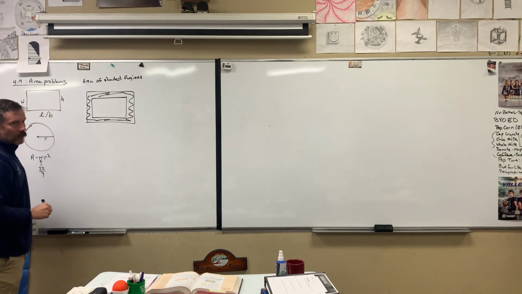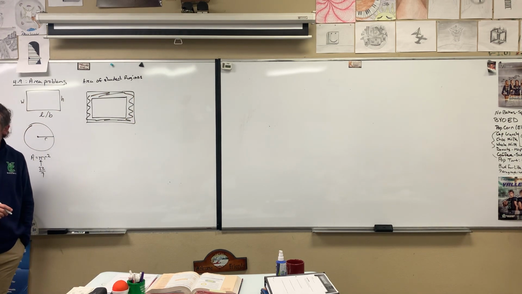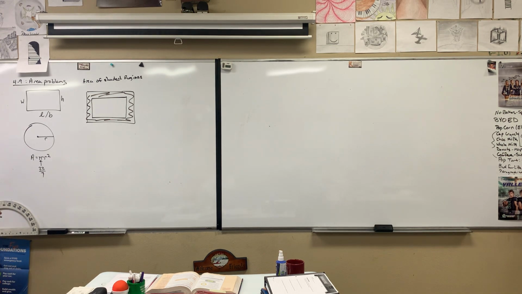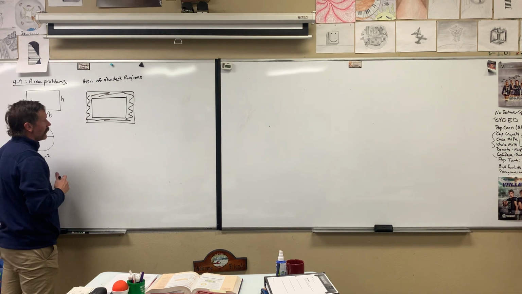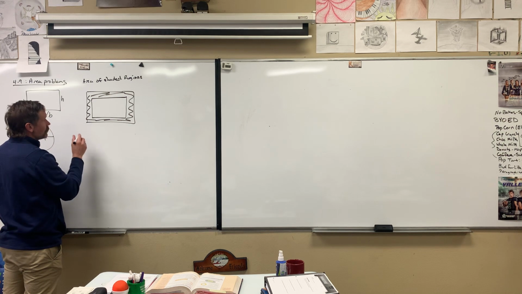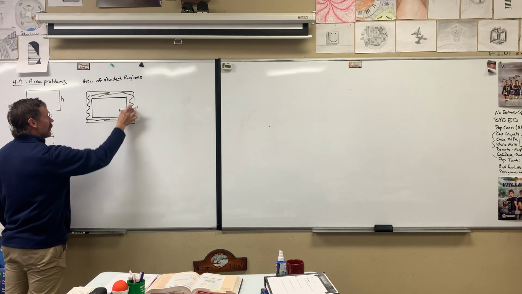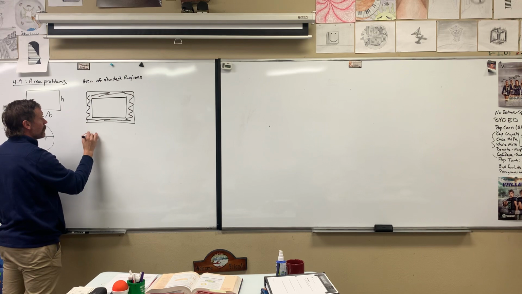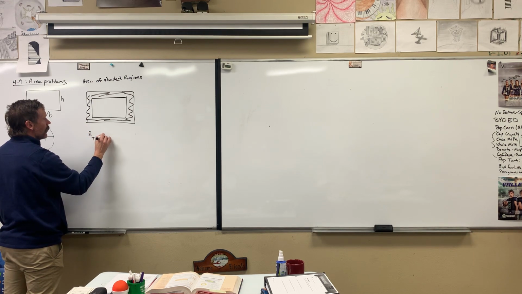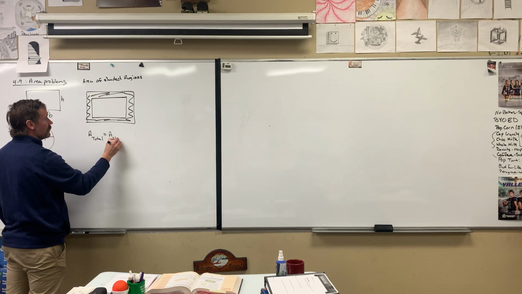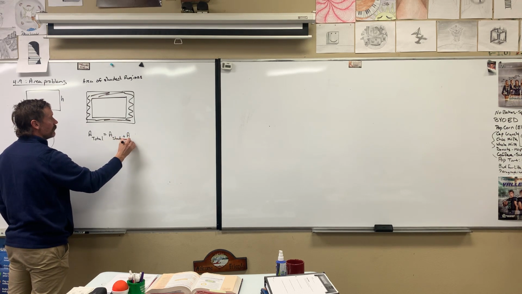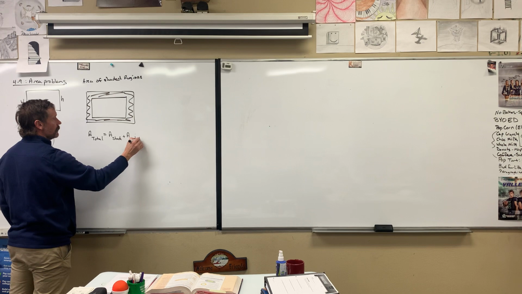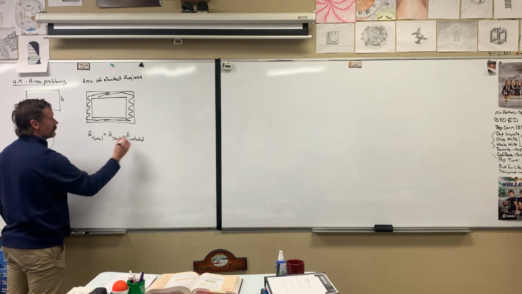If I want to find the area of the shaded region, there's a little formula that I set up. The area subtotal is made up of the area of the shaded plus the area of the unshaded. And we'll do some problems like this.